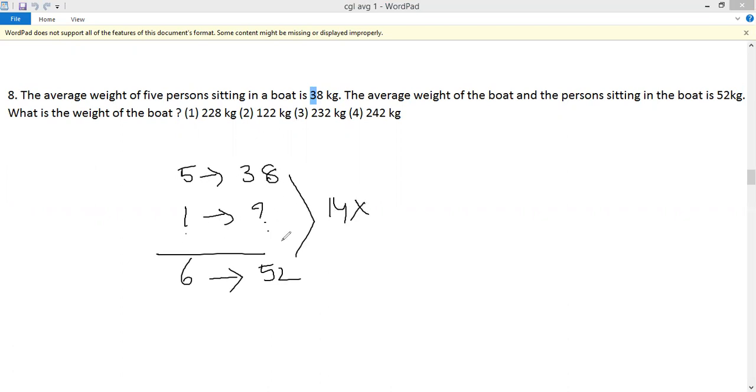He is increasing by 14. 38 plus 14. For how many numbers is he increasing? Total 6 numbers. So 6 times 14, he is increasing 84. So his weight must be 38 plus 84, 122. Right?